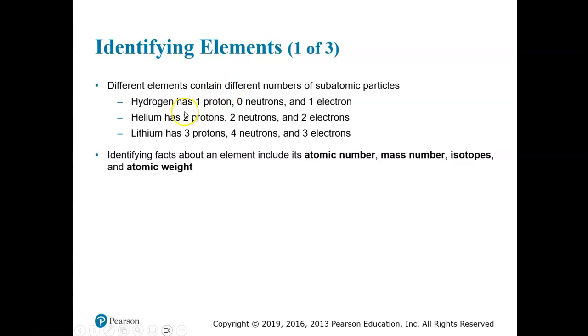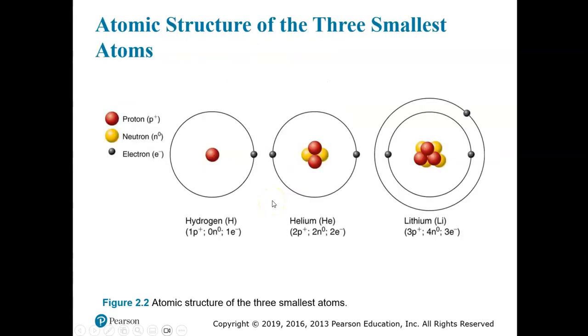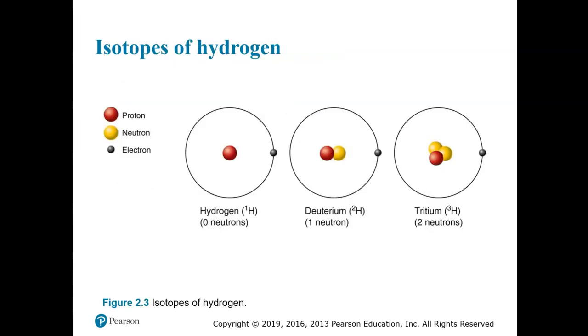The most common form of hydrogen has 1 proton, 0 neutrons, and 1 electron. But the isotopes of hydrogen are deuterium, which has 1 neutron instead of 0, and so its mass number is 2.